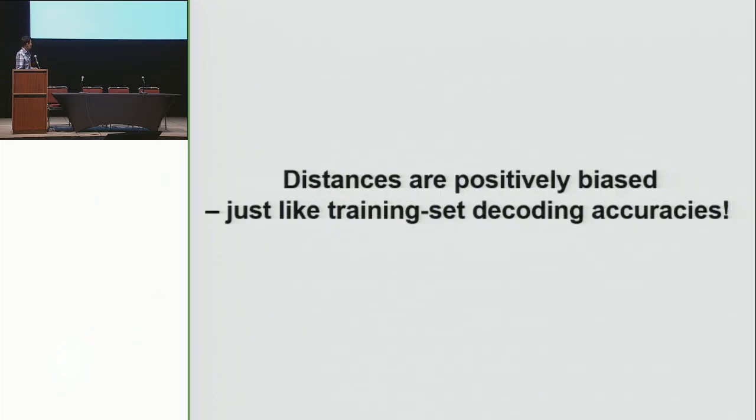So we need to cross-validate, and this positive bias in the distances is actually exactly the same effect that gives you a positive bias of training set decoding accuracies. And since RSA and decoding have been two popular approaches, it's worth looking a little bit more in detail at the relationship between the two.